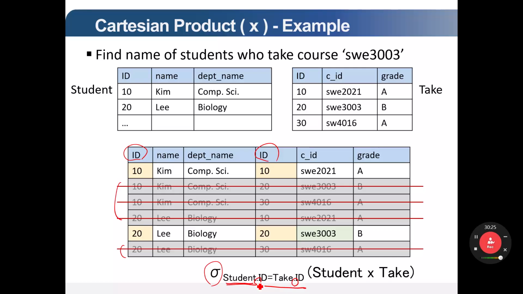So student.id means the ID column from student, and take.id means the ID column from the take table. By having this path expression, we can avoid such confusion. Okay, after selecting those matching records, what should we do? We need to apply the projection operator to find only the name.